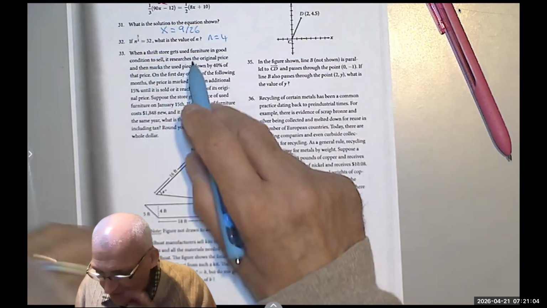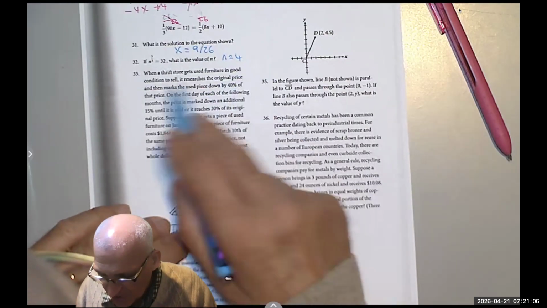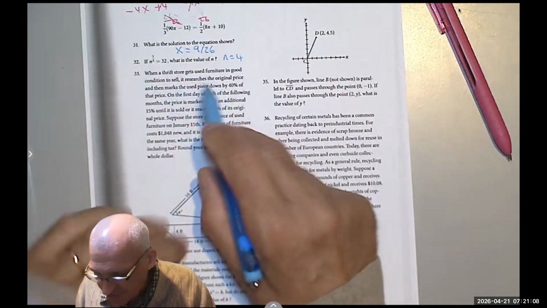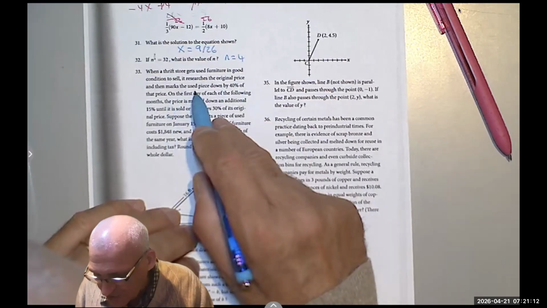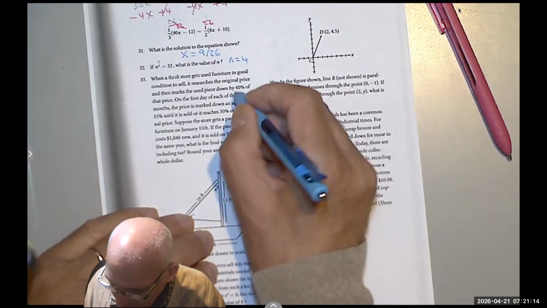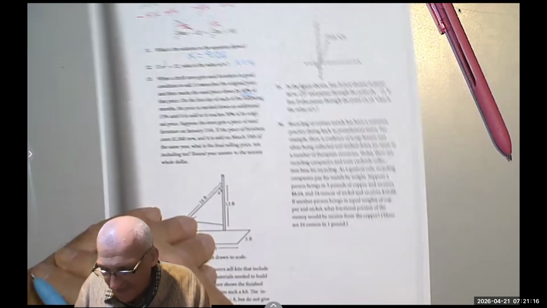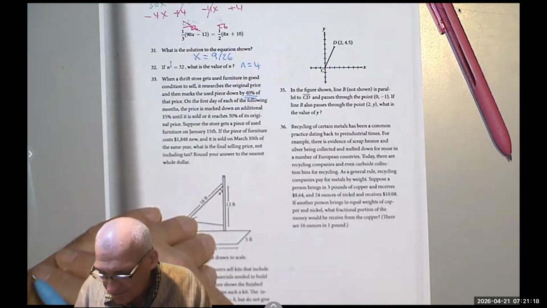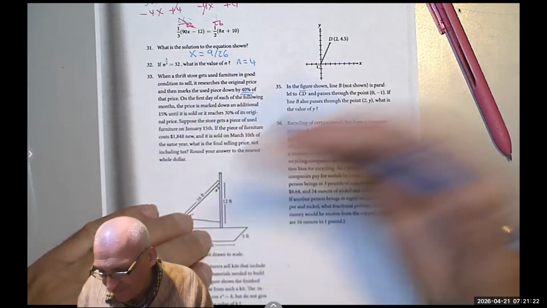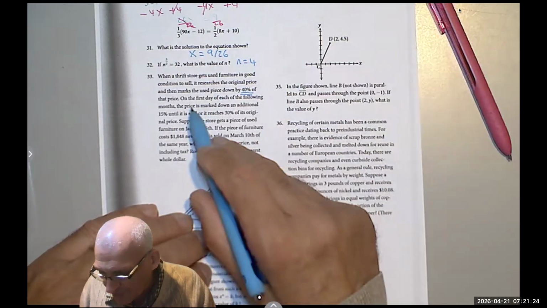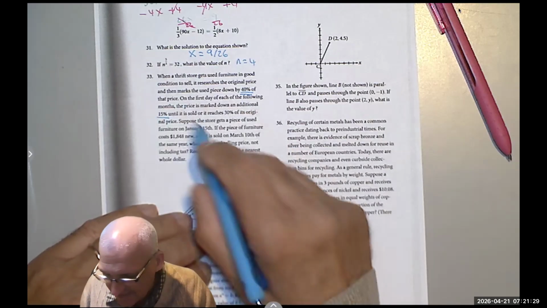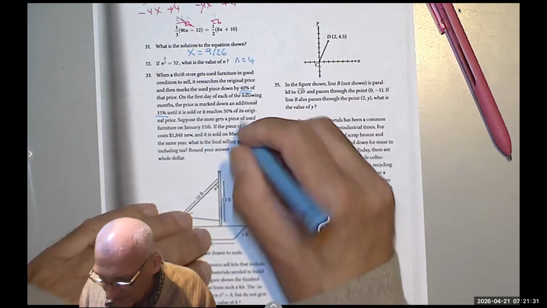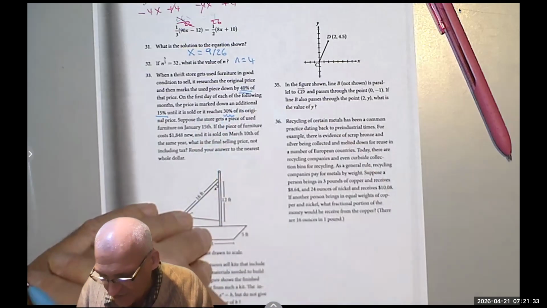When a thrift store gets used furniture in good condition to sell, it researches the original price and then marks the used price down by 40% of that price. And then on the first day of each following month, the price is marked down an additional 15% until it's sold or it reaches 30% of its original price.